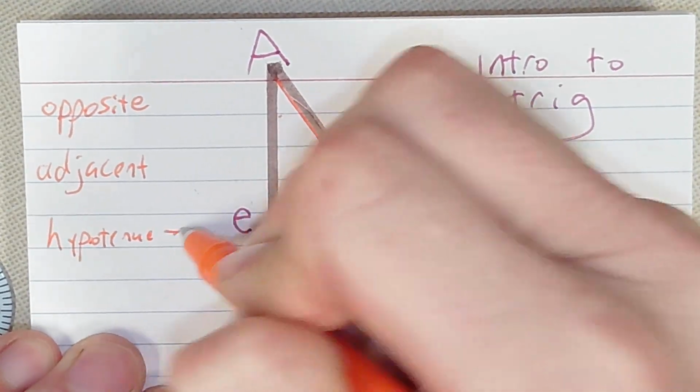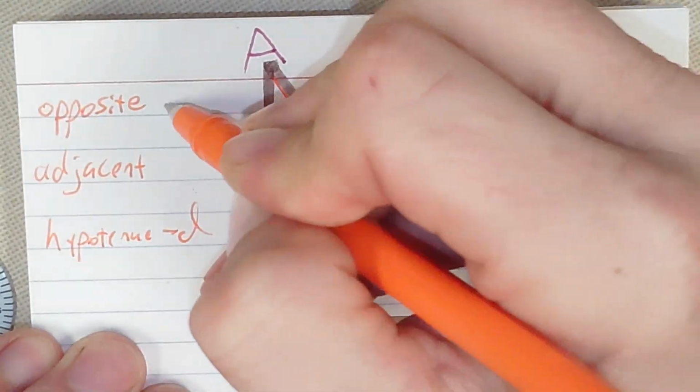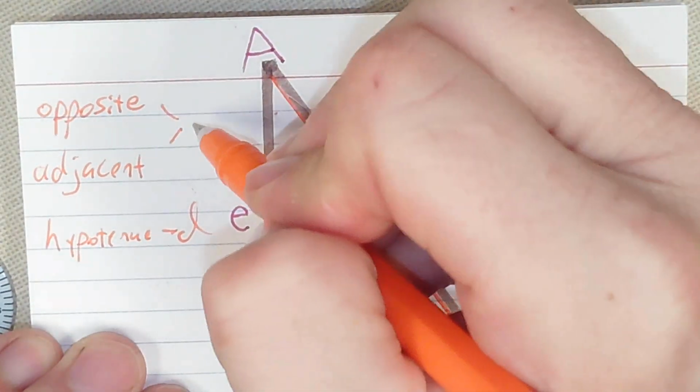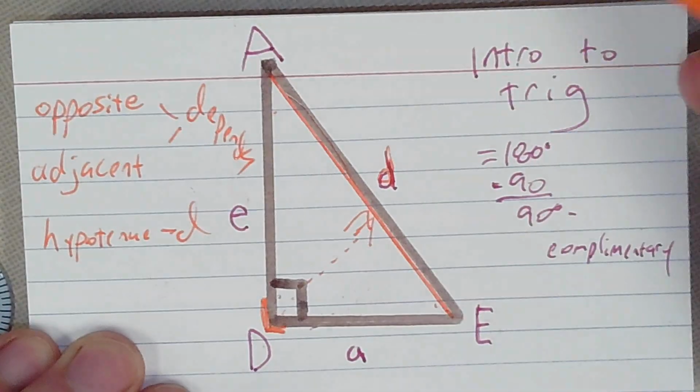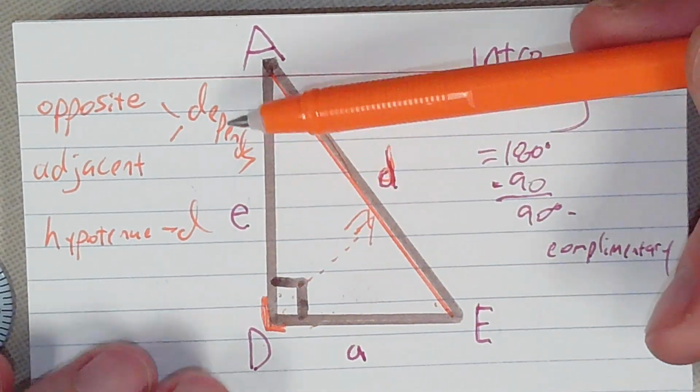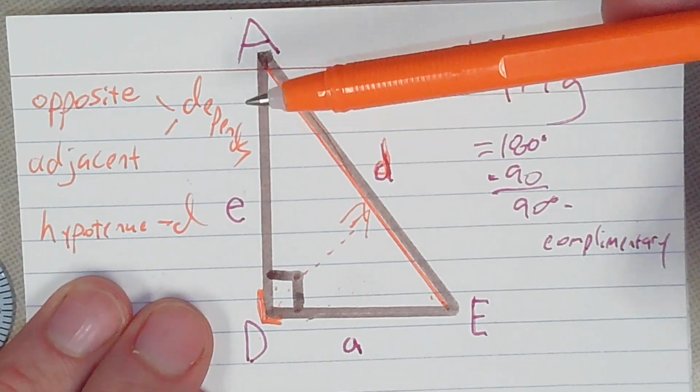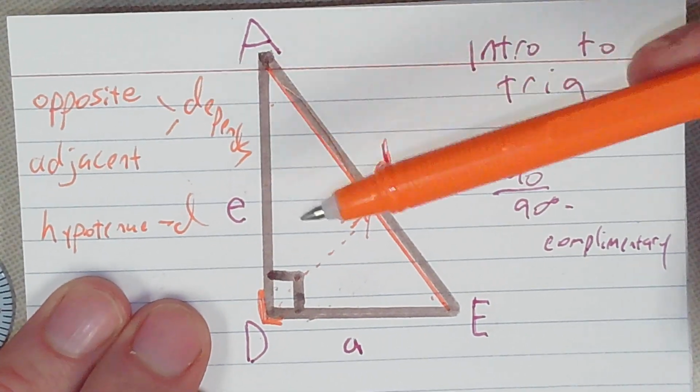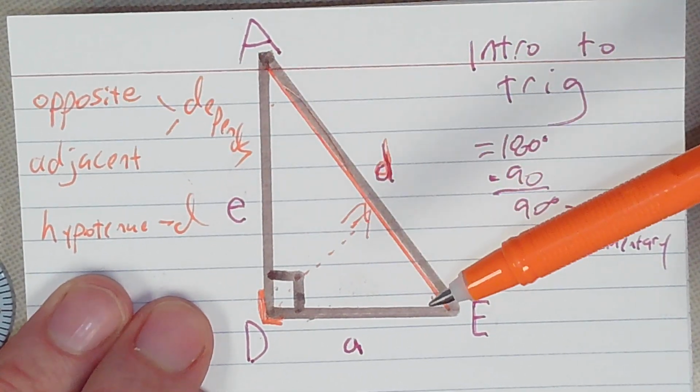Hypotenuse equals D. Opposite and adjacent, well, it depends. So that is how all that stuff works.